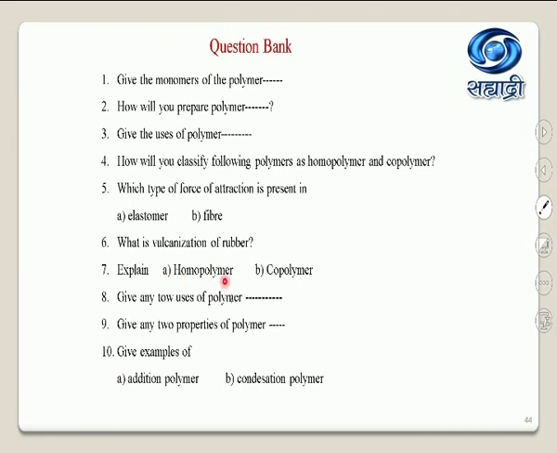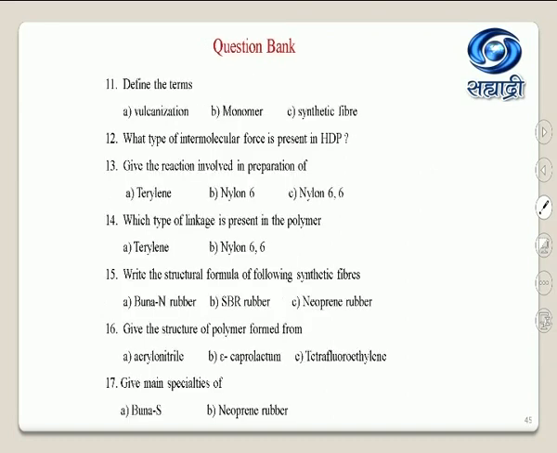Then you have to explain homopolymer and copolymer. Give any two uses of any polymer can be asked. Give any two properties of a polymer. For every polymer we have studied their properties also. Then give examples of this type of polymer, that is addition polymer, condensation polymer. So you have to write examples separately.